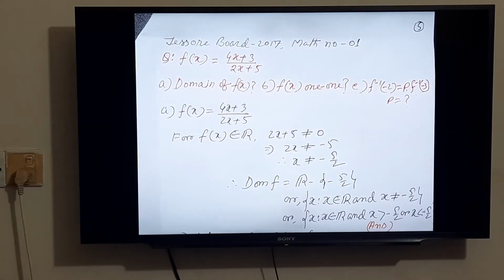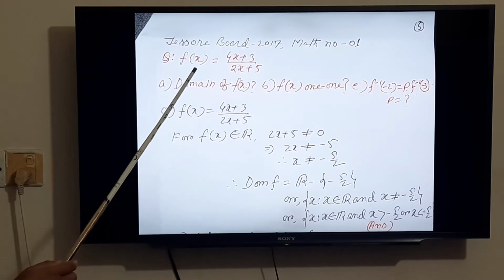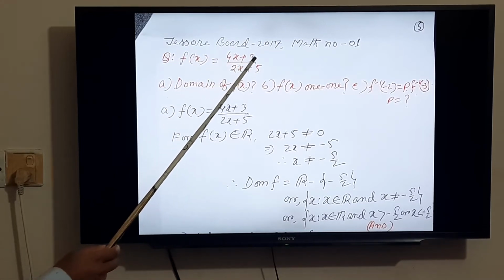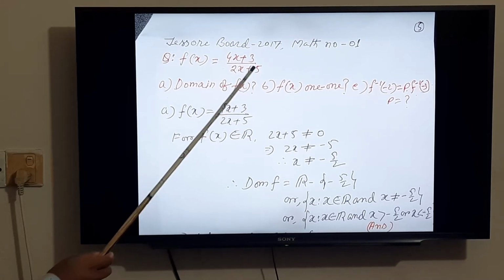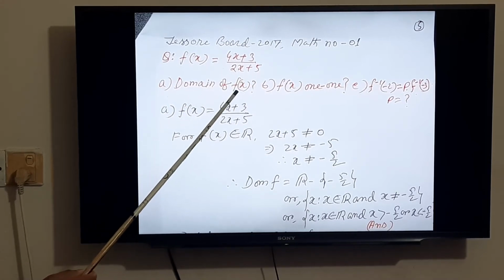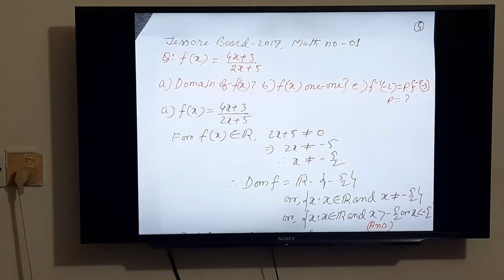Our next question is Joshua Board 2017, math number 1. The question is f of x is equal to (2x plus 3) over (2x plus 5). We need the domain of f of x. What is the domain?